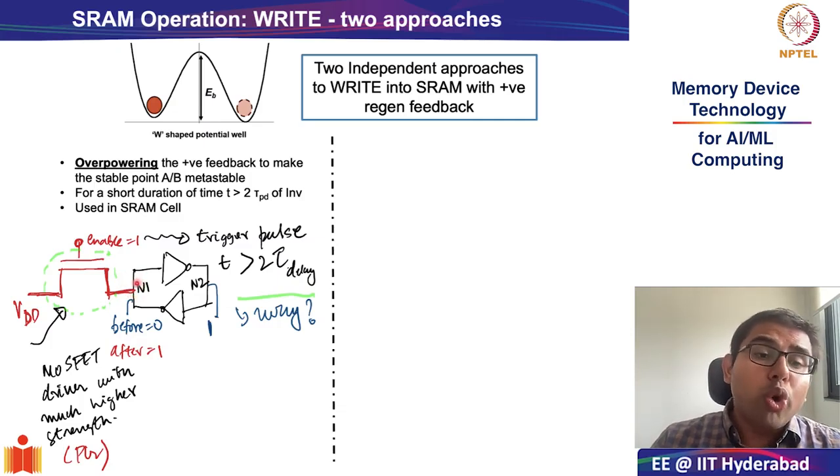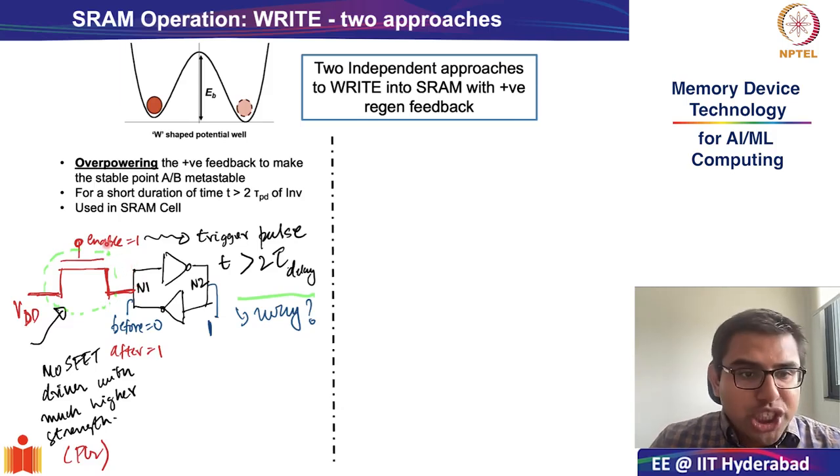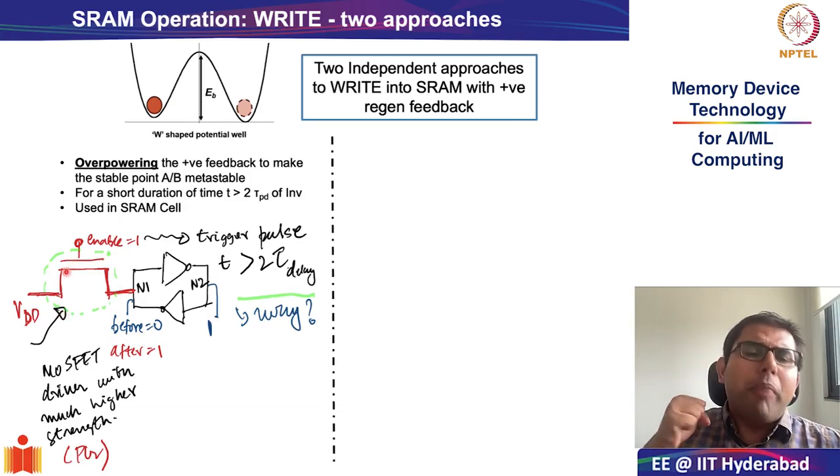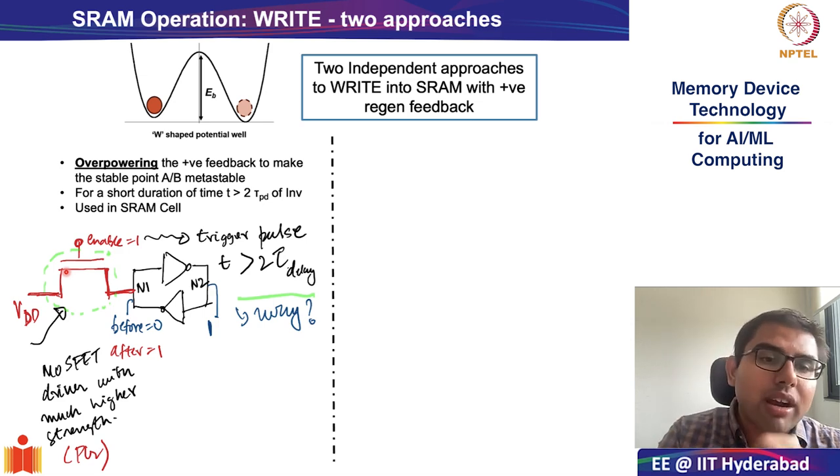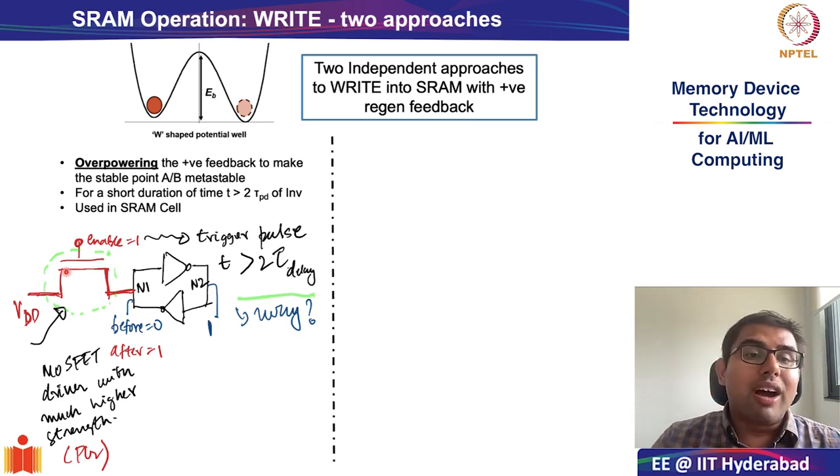Okay. How do you overpower? It is very simple. You overpower by making sure that this pass gate transistor, the N MOSFET, has much higher drive strength, or low on resistance, compared to the heart of the circuitry, which is your cross-coupled inverter.